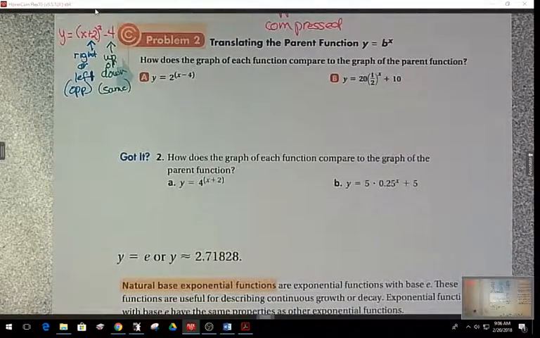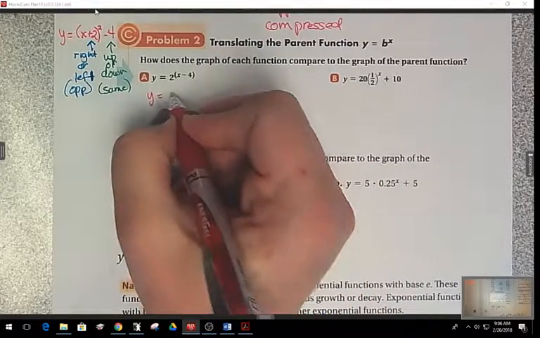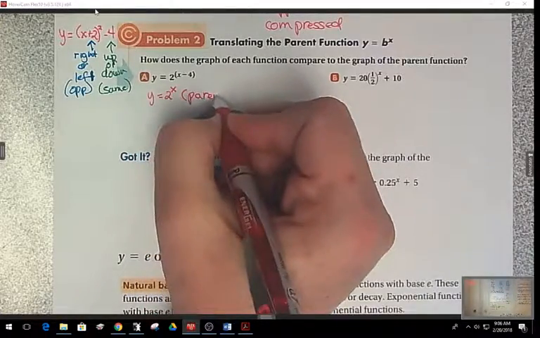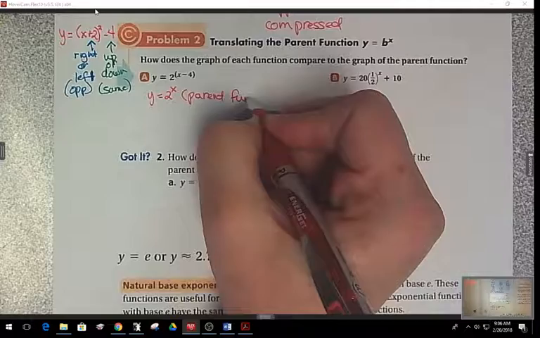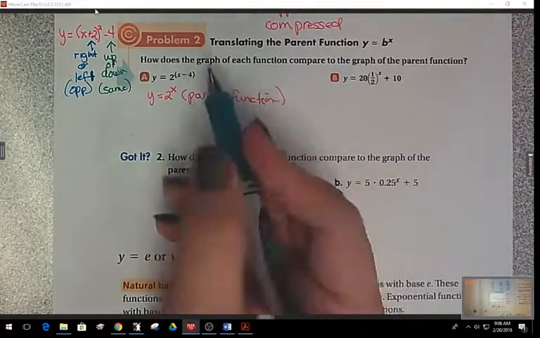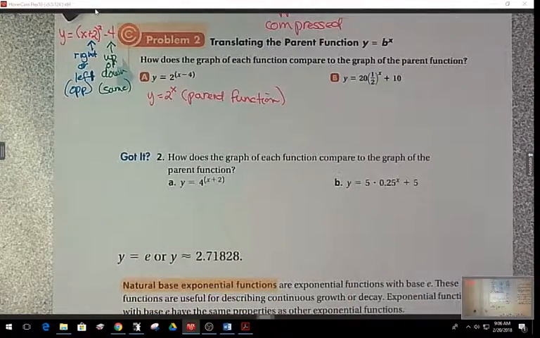Okay, for this one, they don't ask me to graph these, they just ask how does it compare to the graph of the parent function. So in this case, our parent function would be y equals 2 to the x. And what they want to know is, what does this minus 4 in the parenthesis with the x do?